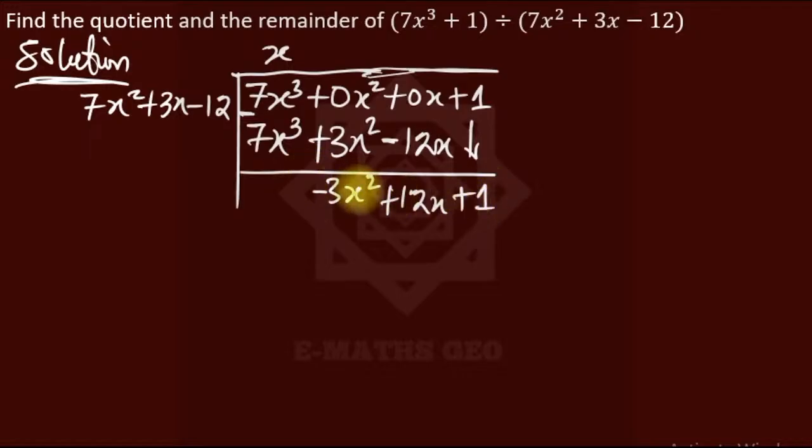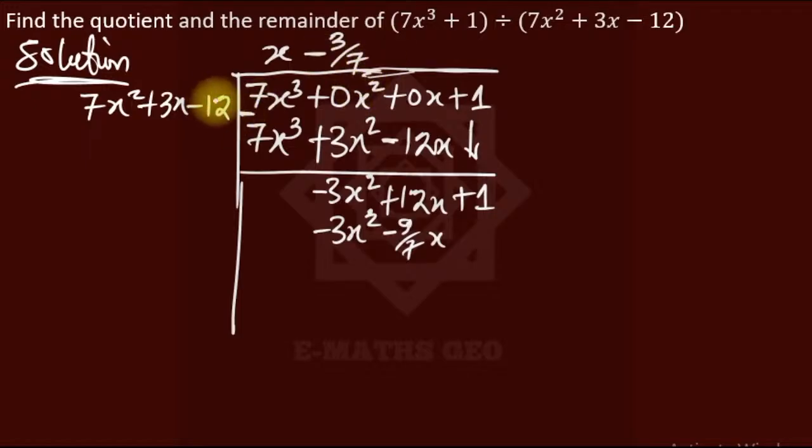So each time you subtract, you bring the next number, which is plus 1. So we'll start again. Minus 3x squared divided by 7x squared, we have minus 3 over 7. Minus 3 over 7 times that, we have minus 3x squared. Minus 3 over 7 times 3x is minus 9 over 7x.